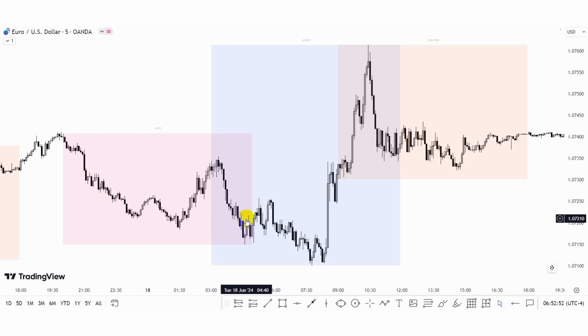Now you can see during the London session, we are having a bullish market condition. And then during the New York session, we have a bearish market condition. So what you can see is that we have bearish in the Asian session, bearish in the New York session, but then we have a bullish market condition in the London session.